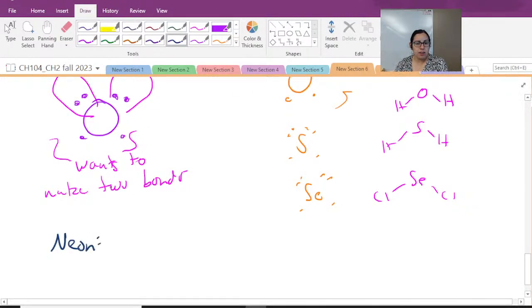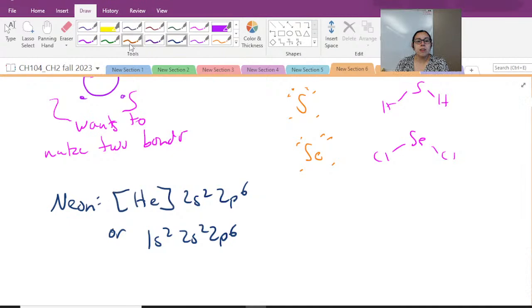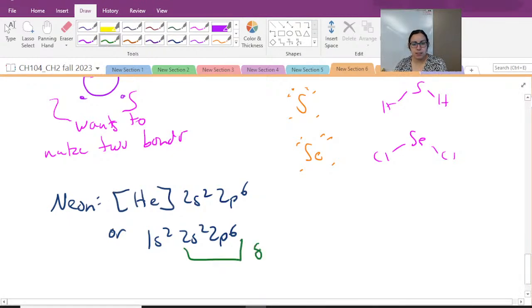We could write it abbreviated, starting with helium: helium, 2s2, 2p6. I'll write it the other way as well. So now that brings us to a completed second energy level. And so now here's again the hint of our octet rule. So here's 8 electrons.